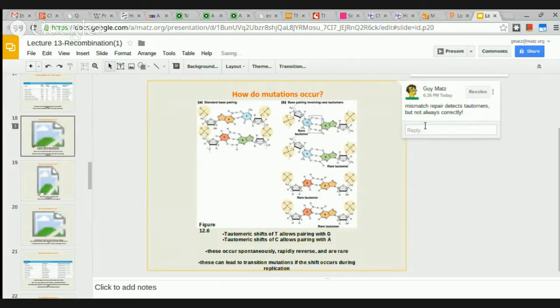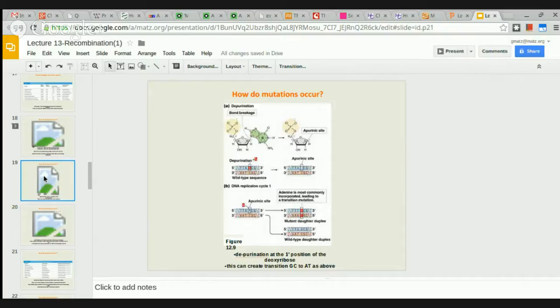Depurination can also occur. This also occurs spontaneously. It's a break at the 1' position of the carbon, and you have an excision of a G, and there is a mechanism that's going to fix that.